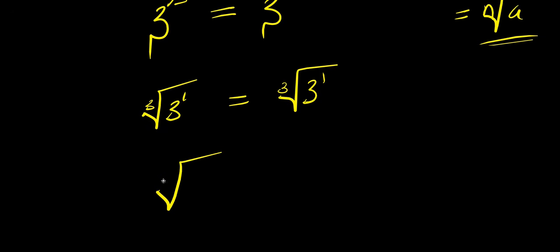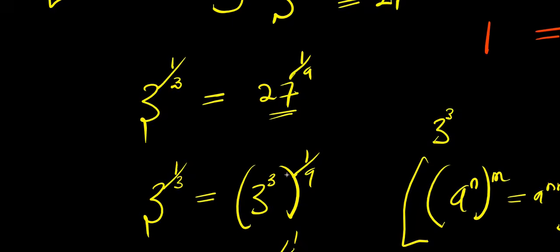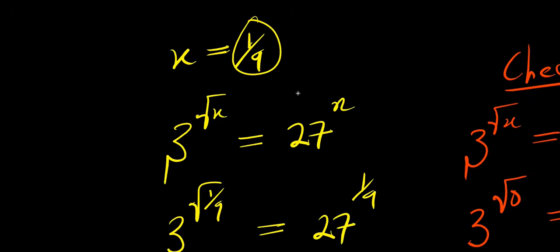And from here, we have the cube root of 3 power 1 is 3, equals the cube root of 3 power 1 is 3. So both sides are now the same, and this shows that 1 over 9 satisfies the equation.